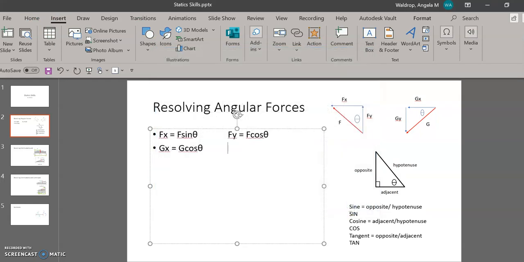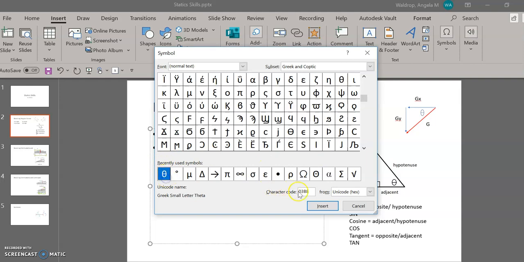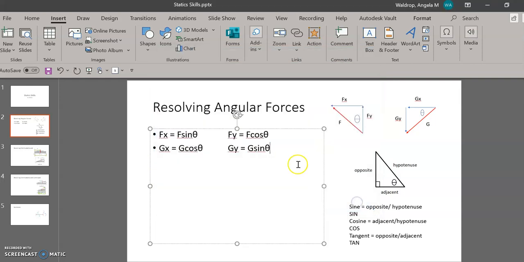And then for the Gy, you take a look at it, the Gy is opposite of the angle, so that is going to be G sine theta. Okay, so that should review that. So remember your trig functions for that particular item in statics.